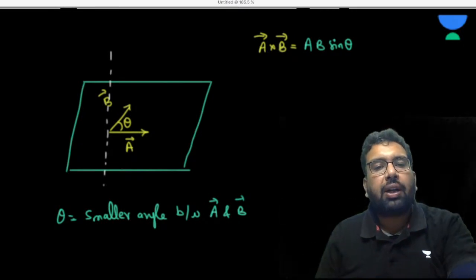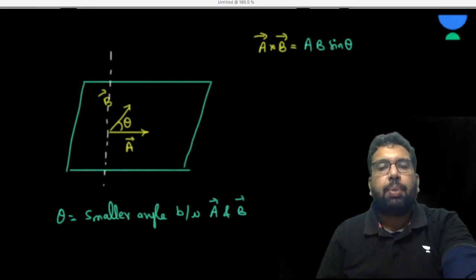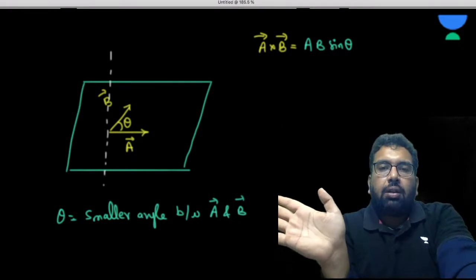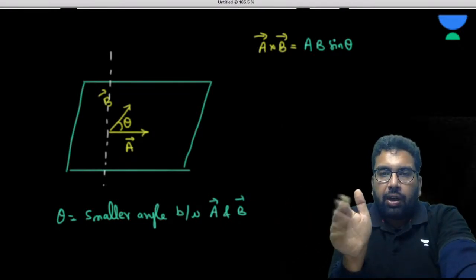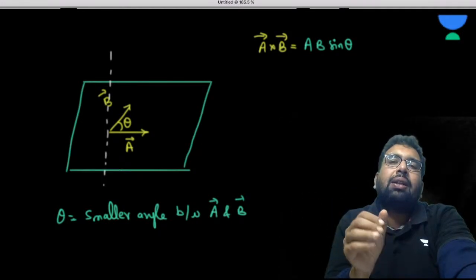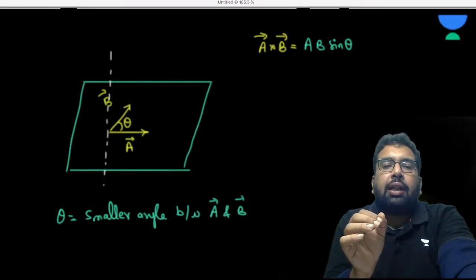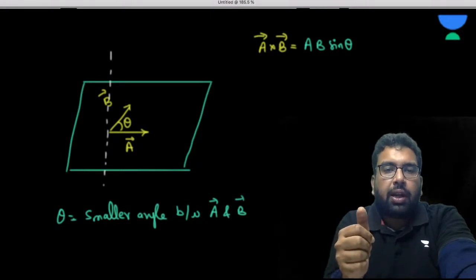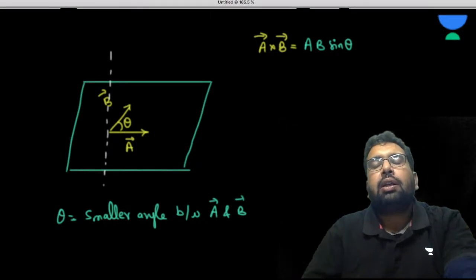Here the first vector is A, the second vector is B. If I place the fingers like this, then only it will curl from A to B. Now, if you place your right hand properly, then the direction of the thumb is going to give you the direction of this vector.